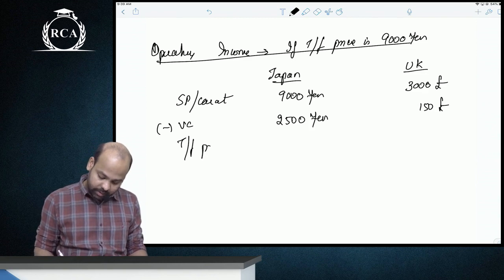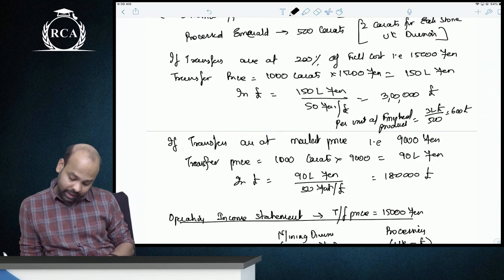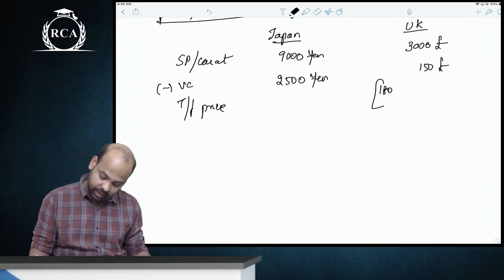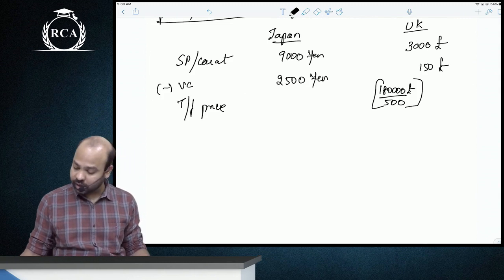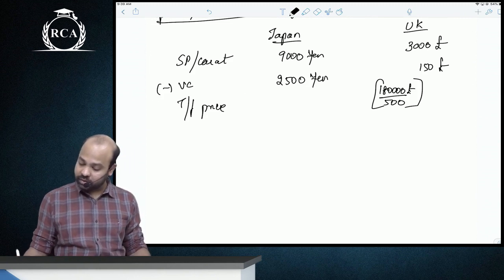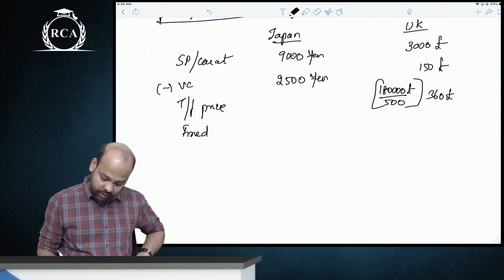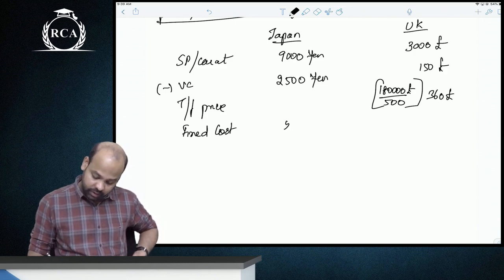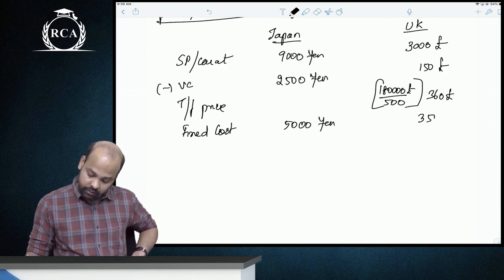Transfer price, Beta, let us not forget that you will divide the overall transfer price, that is 1,80,000 pounds, by 500 carats. 1,80,000 pounds by 500 is 360 pounds. And then there is fixed cost, guys, which is 5,000 yen and 350 pounds.